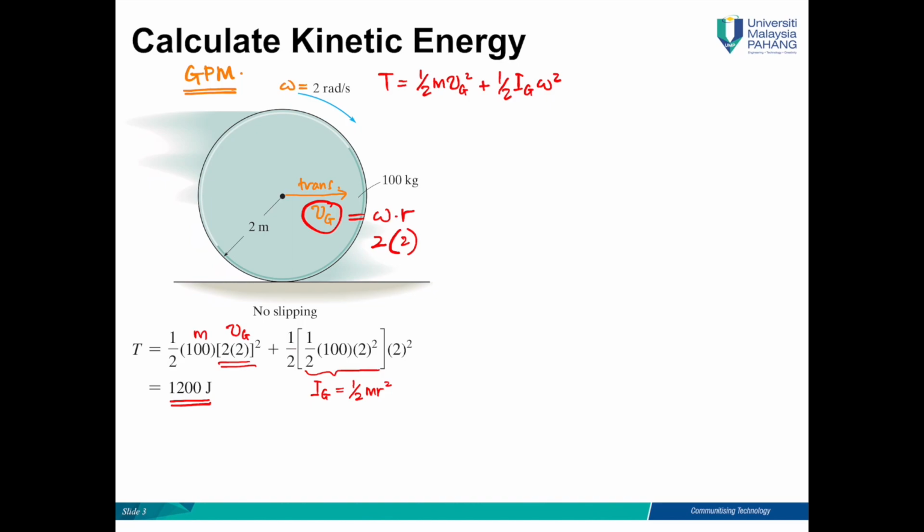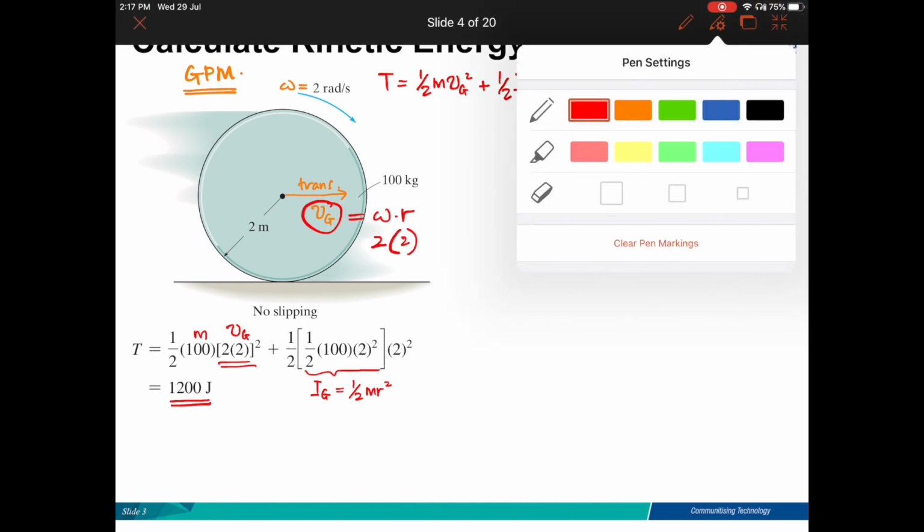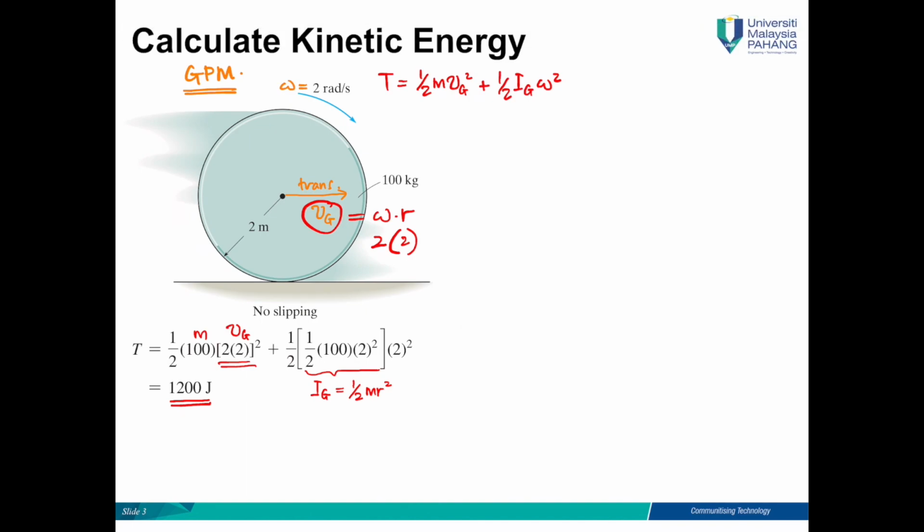An alternative to this, you can also use the second equation. This is the first method. The second method you can also use for general plane motion: T is equal to 1/2 I_IC times omega squared. But you need to know where the location of IC is.